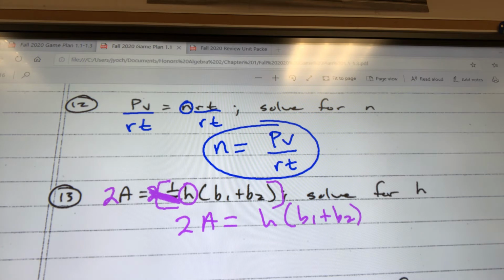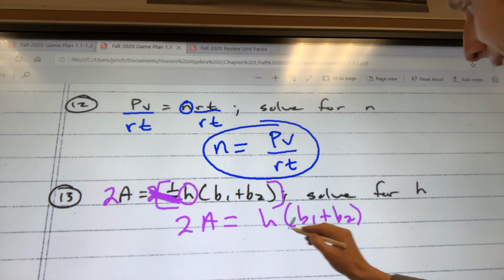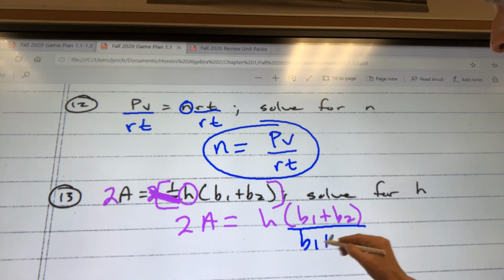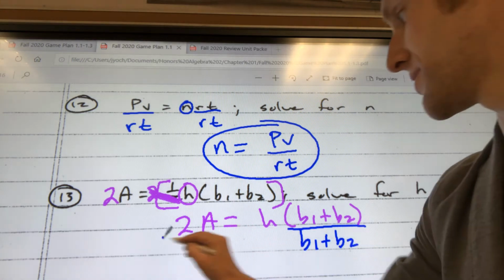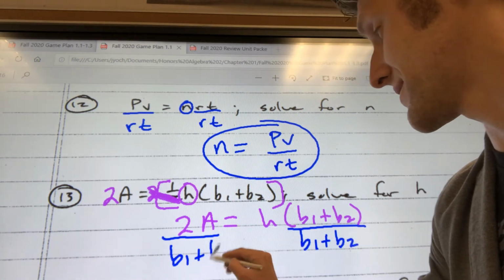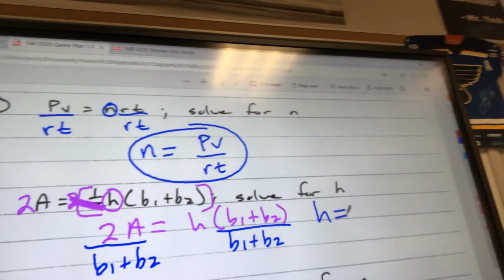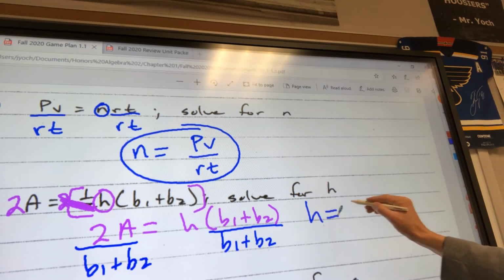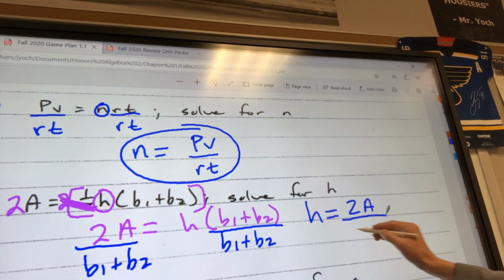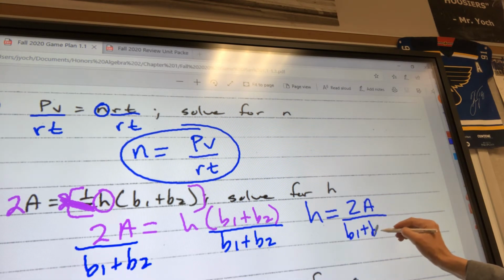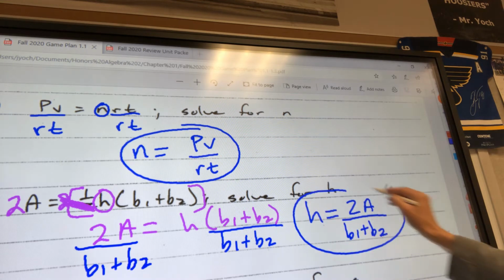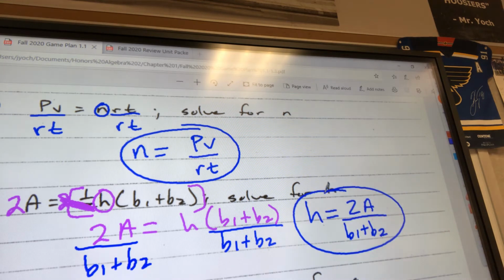I'm going to divide both sides by what is attached to h, the sum of base 1 plus base 2. Therefore, h is twice the area divided by the sum of base 1 plus base 2. You might have to do this in physics and chemistry sometimes.